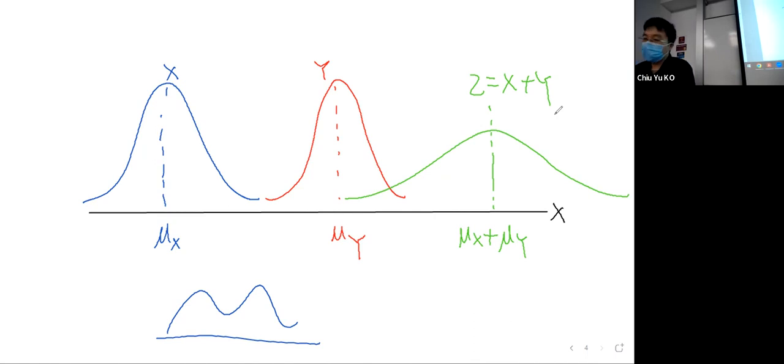And do note that this is not true for most cases. If you add two Poissons, it's no longer Poisson. If you add exponentials, it is not exponential. Of course, if you add two binomials with the same p, then you still get a binomial, but if they have different p, then it's not.